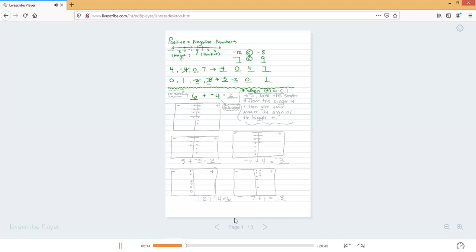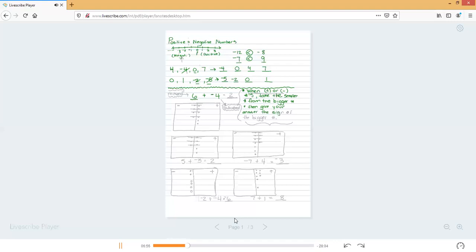When adding or subtracting numbers, take the smaller number from the bigger number and then give your answer the sign of the bigger number.